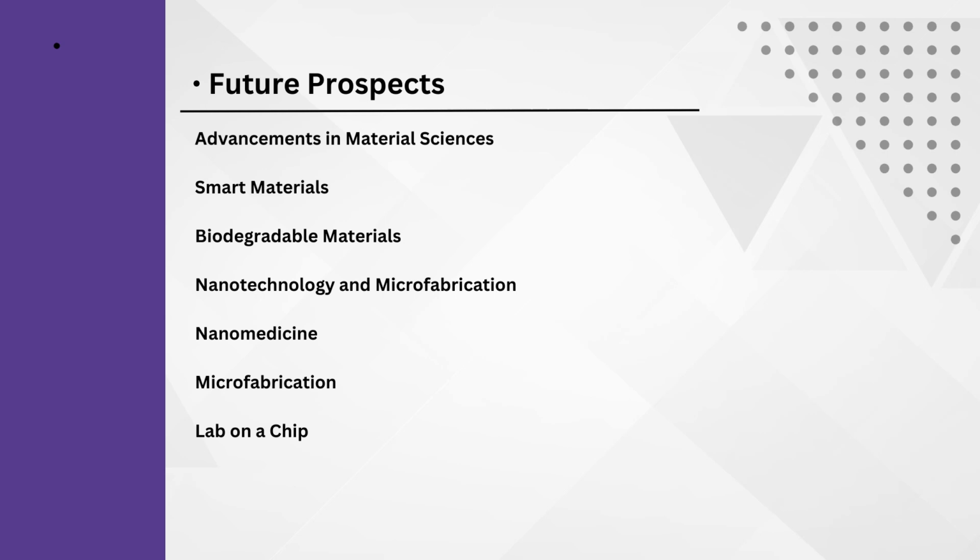These materials can enhance the device's functionality and adaptability. Biocompatibility. Advances in material science enable the development of biocompatible materials that minimize the body's immune response and reduce the risk of rejection.